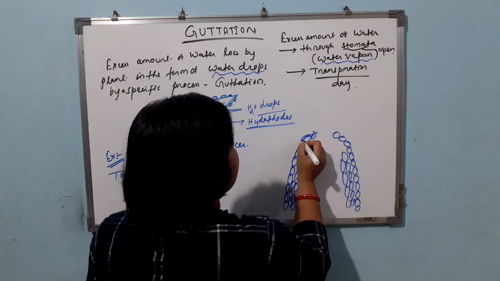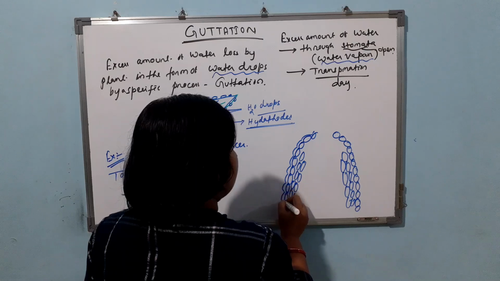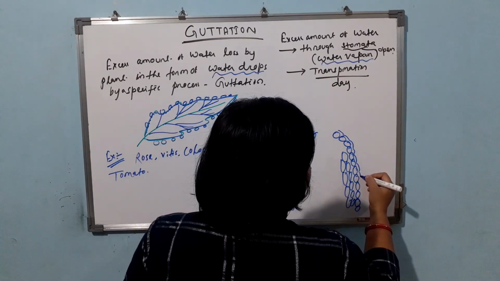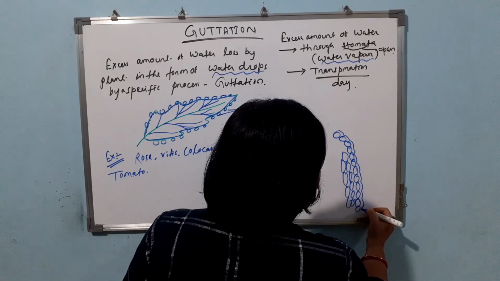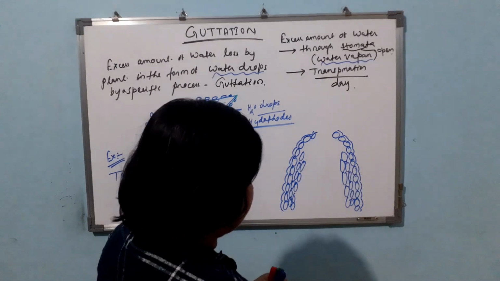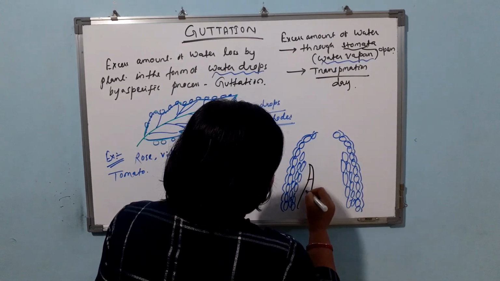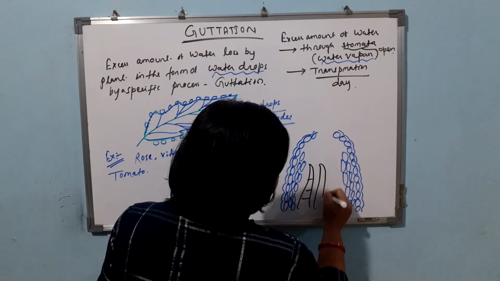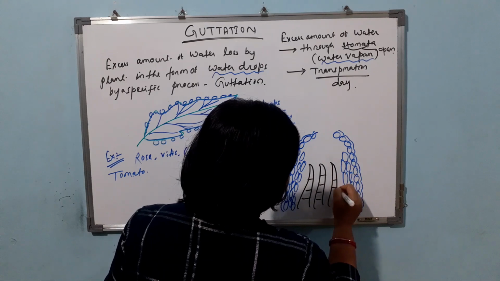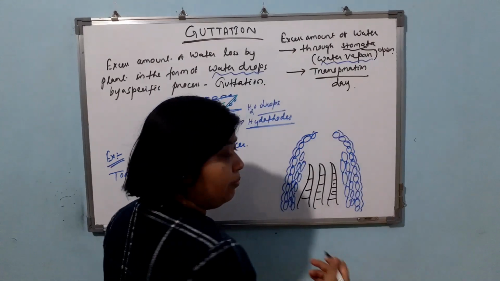This is the cuticle. At its central part, a number of tracheids are present. These tracheids are a type of xylem, a conducting tissue which conducts water and minerals from soil to different parts of the plant.